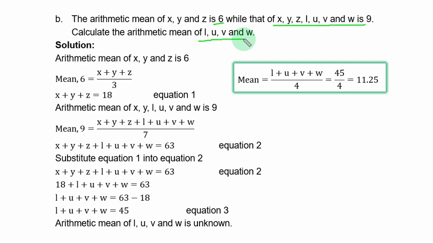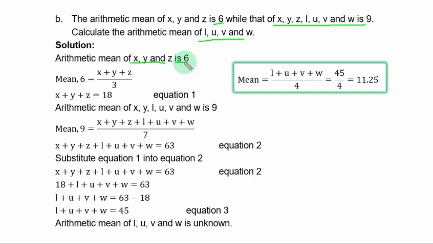So let us start from the way the question is. First, the mean of S, Y, and Z is 6. Mean is always the addition of the items over number of items.